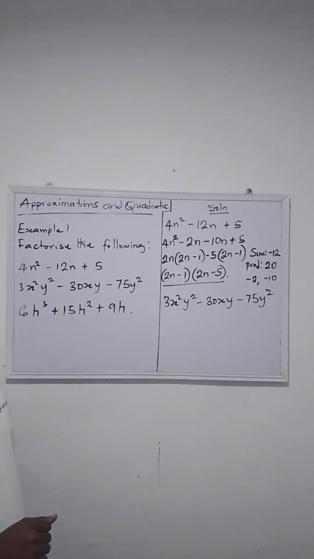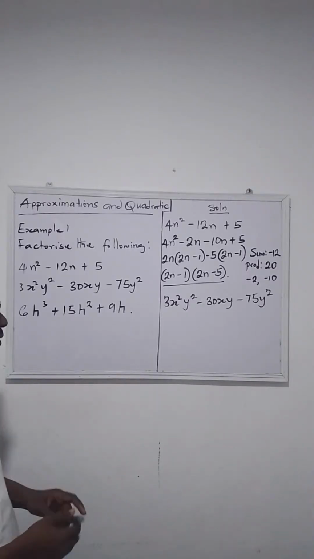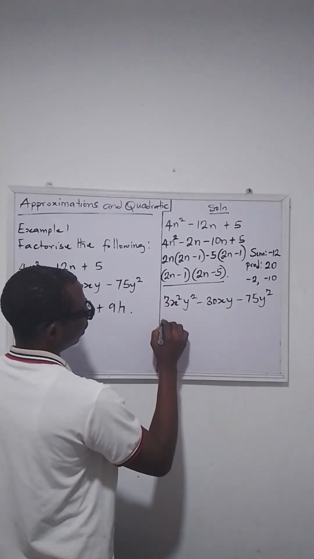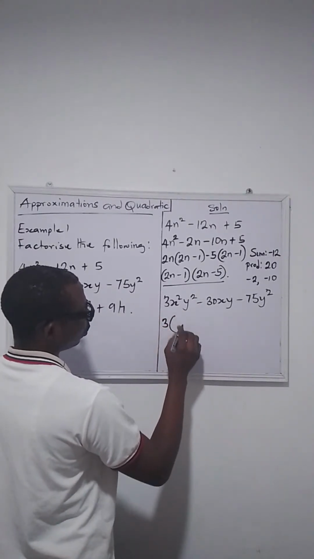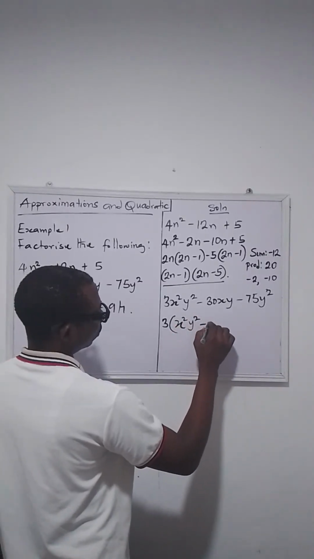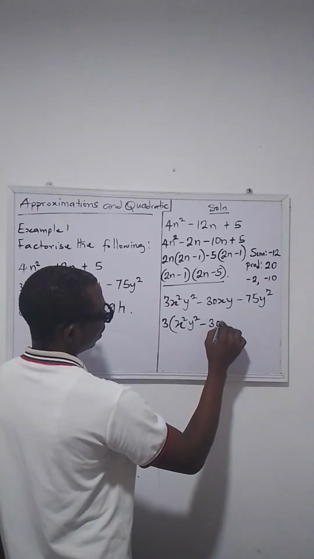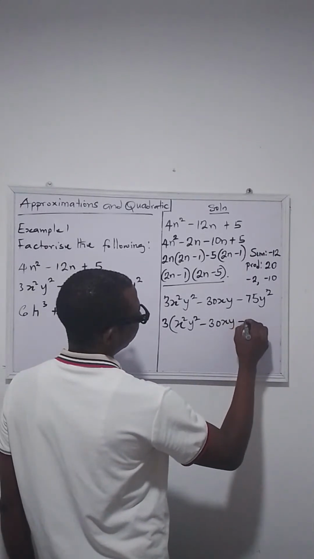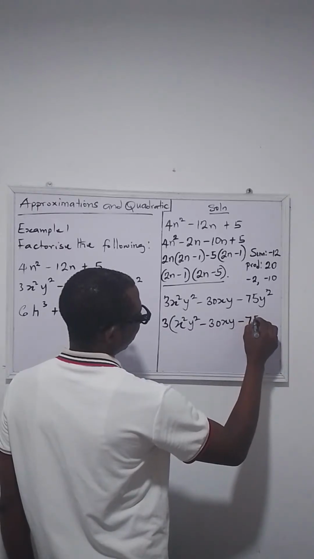So can we factor out that? All right, let me factor out 3. When you factor out 3, you have 3 open bracket x squared y squared minus 30xy minus 75y squared.